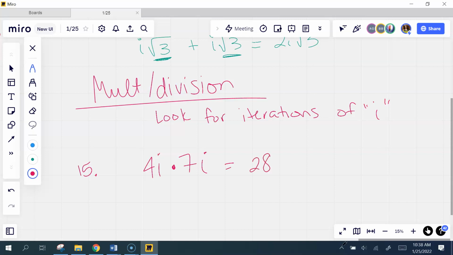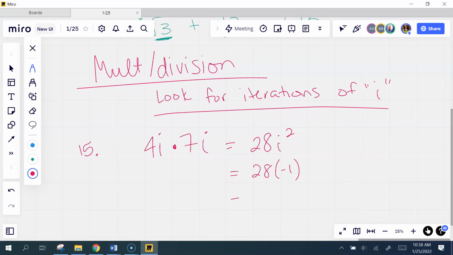28i squared, right? Because i times i is i squared, yes? So I get 28i squared, but remember, we're looking for those iterations of i, so this would become what? What's i squared? -1, so it's just -28.